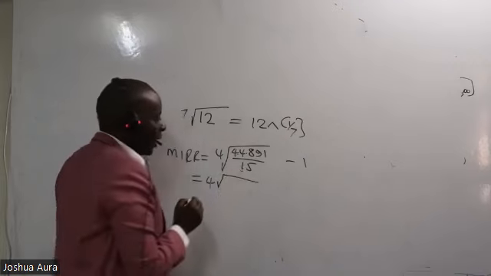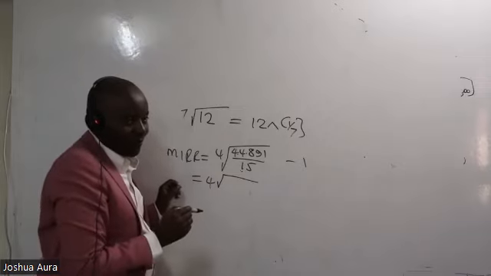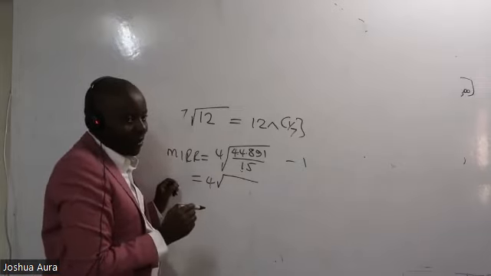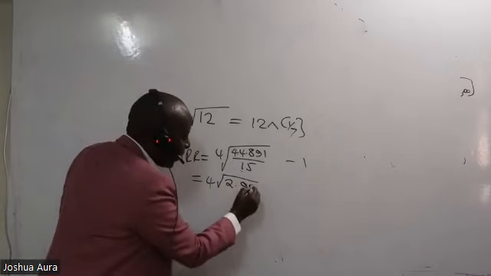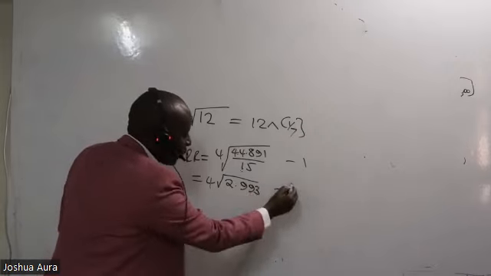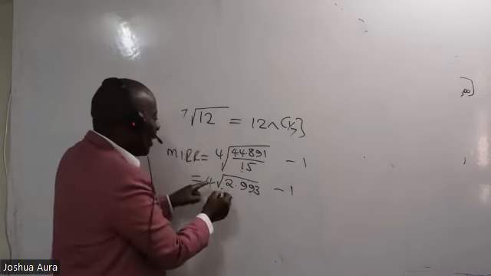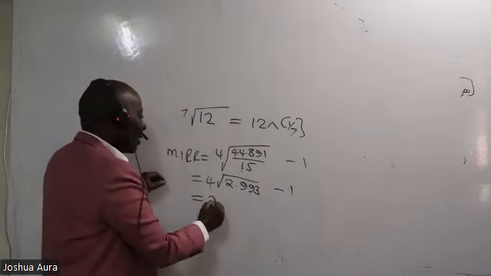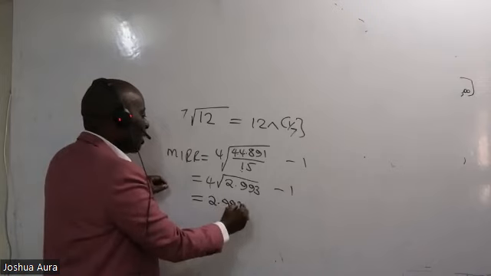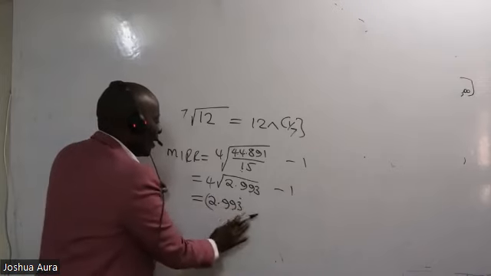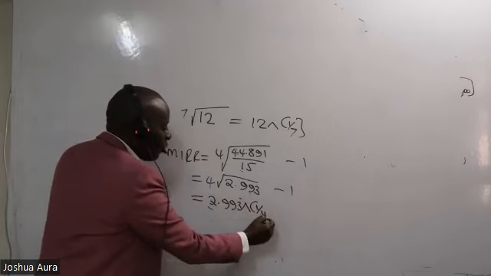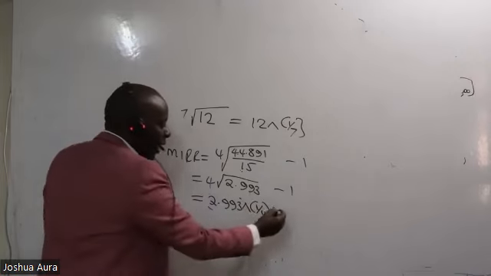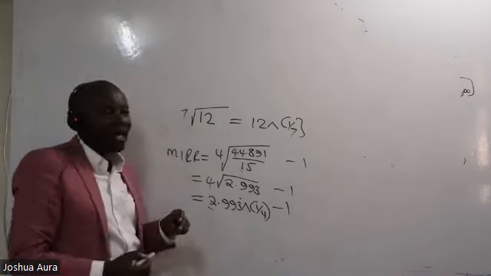If you divide, what do you get? 2.993, minus 1. Then the next step is 2.993 raised to what here? But this 1/4 must be in brackets. Whatever I get, I subtract 1.